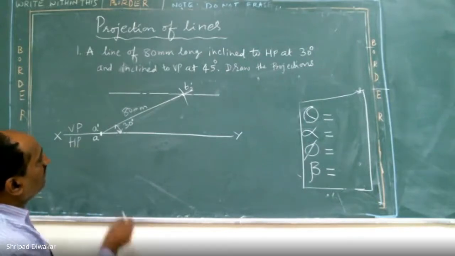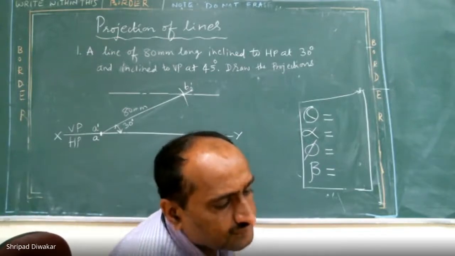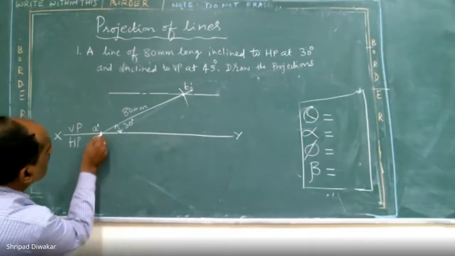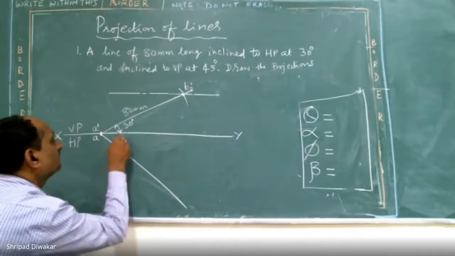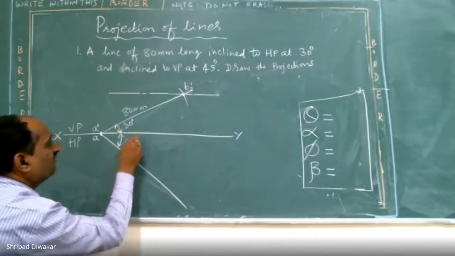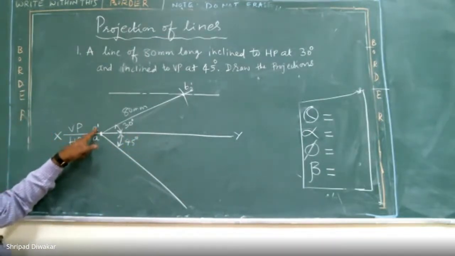Next step, you have to draw a 45 degree line. But you see the marking of points: above the line, you mark it as A dash.